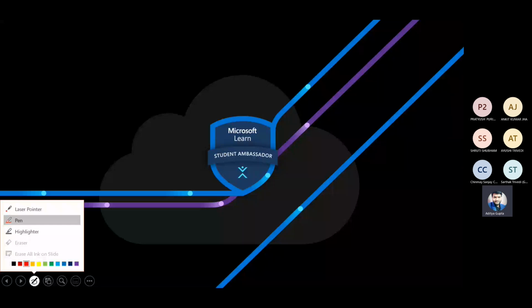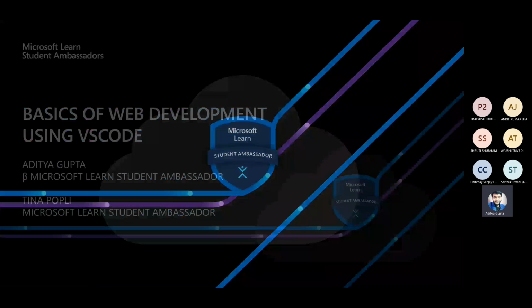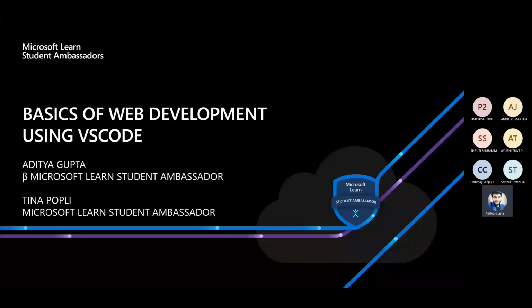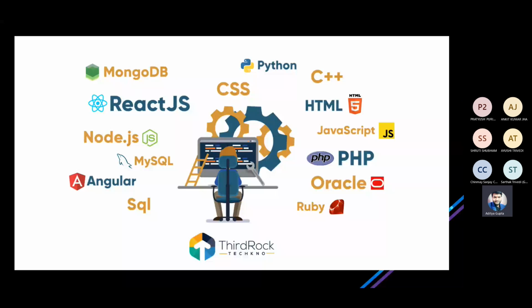This is Aditya Gupta, and I'm a beta level Microsoft Learn Student Ambassador. I have mentioned in previous days that this is the front end part and this is the back end part. But today I want to talk about Bootstrap. Maybe you are confused about whether Bootstrap is in the front end or the back end.